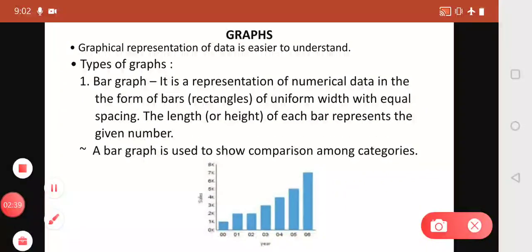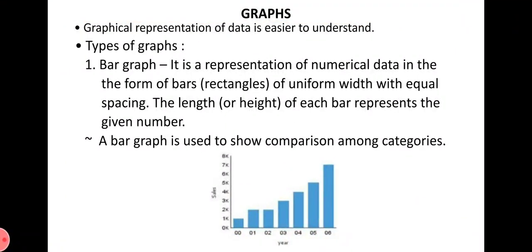Here the scale is 0, 1, 2, 3, 4. So one space is given in between each bar. This is how we can represent a bar graph.